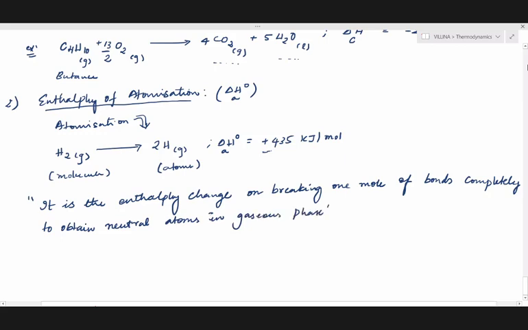So 1 mole of bonds means for 1 mole of a molecule, however many bonds are there, all of them are broken down.